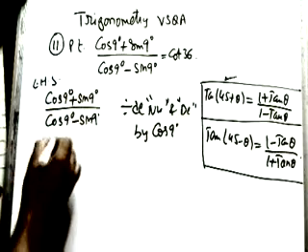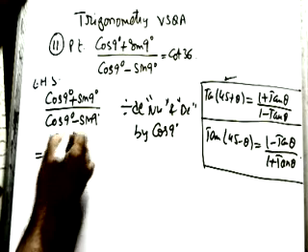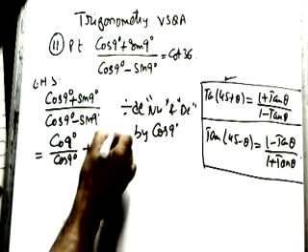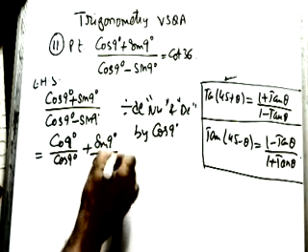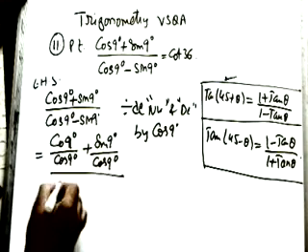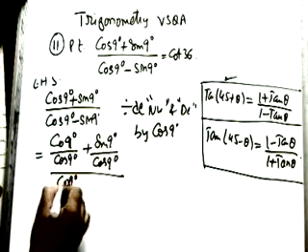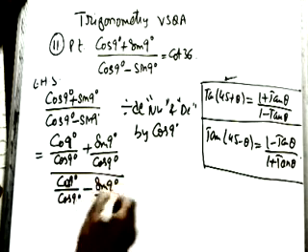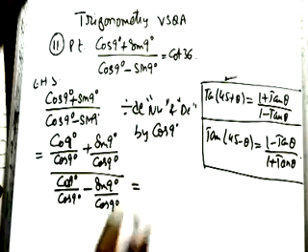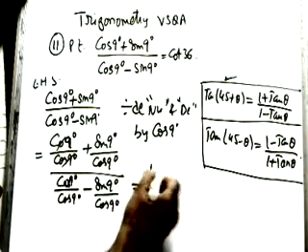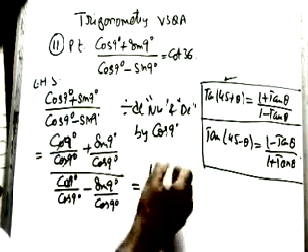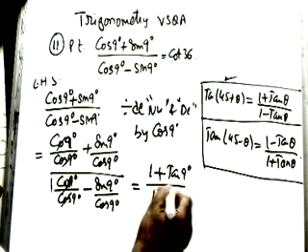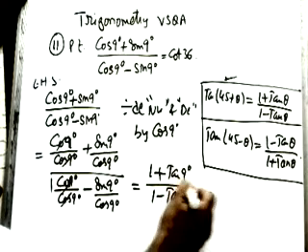So divide each term by cos 9 degrees: cos 9 by cos 9 plus sin 9 by cos 9, divided by cos 9 by cos 9 minus sin 9 by cos 9. You see here this cos will get cancelled: 1 plus sin by cos, which is tan 9 degrees, divided by 1 minus sin by cos.